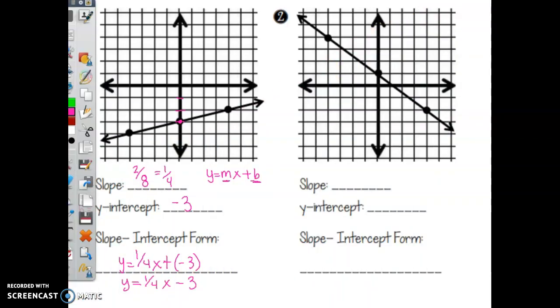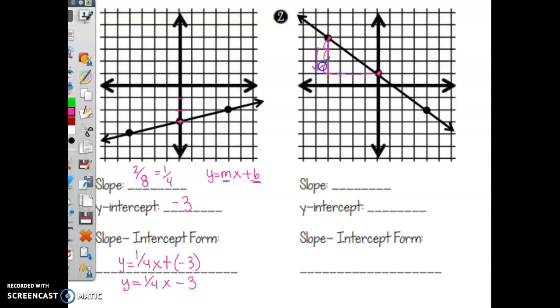Okay, number 2, we have slope. Again, we have to go from this point to this point. Going from here, actually we can go down. It doesn't matter. Going up and over or going down and over, it's going to get you the same exact answer. Let's look. We go 1, 2, and 3 units down.